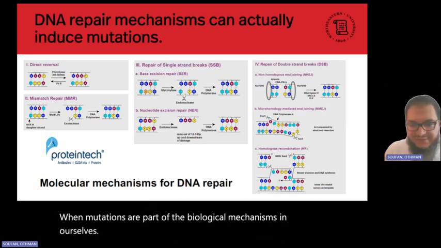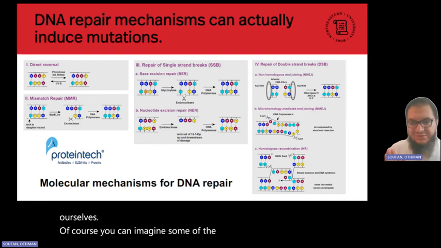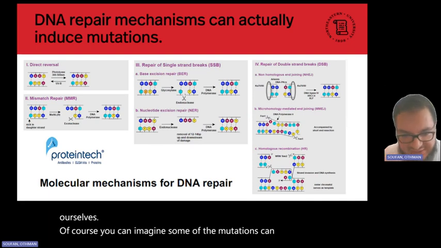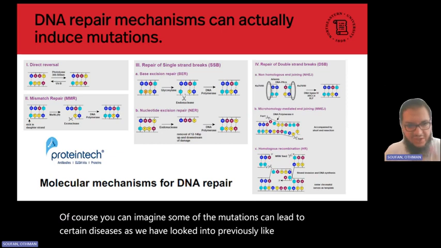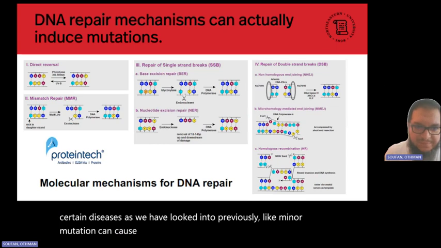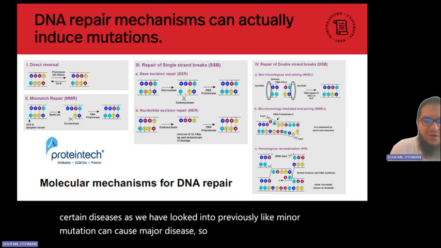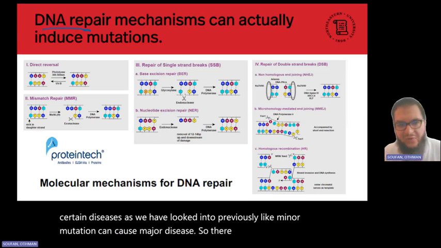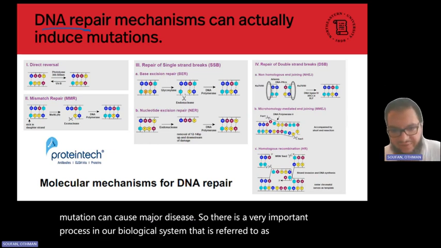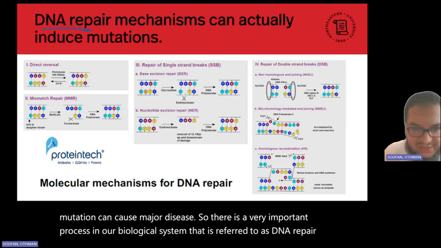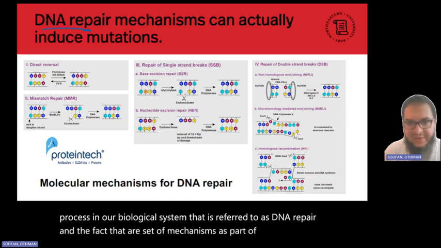Of course, you can imagine some mutations can lead to certain diseases, as we have looked into previously, like a minor mutation can cause a major disease. So there is a very important process in our biological system that is referred to as DNA repair. And in fact, there is a set of mechanisms as part of DNA repair.